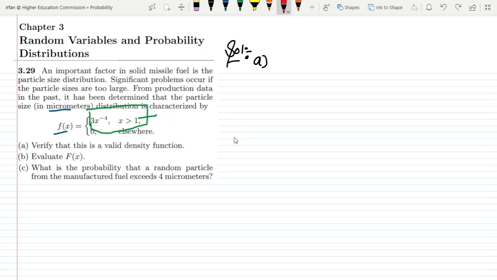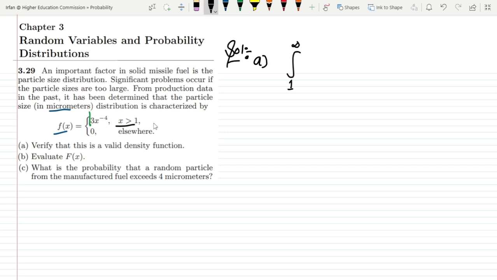Okay, so let me start it now. In order to do so, we have this function and I want to integrate it within this range. It is starting from 1 because x is greater than 1, and because this is a continuous function, it will end at infinity.